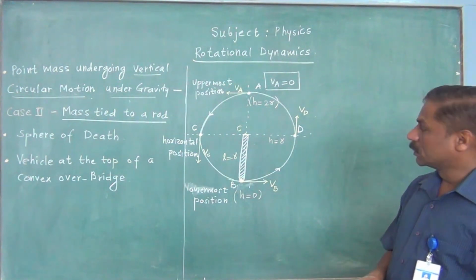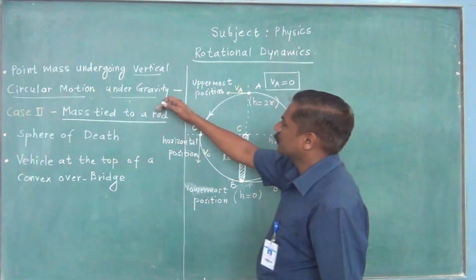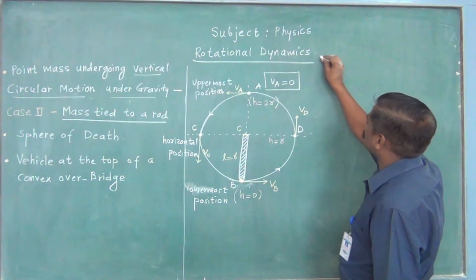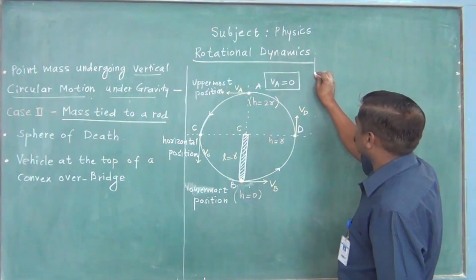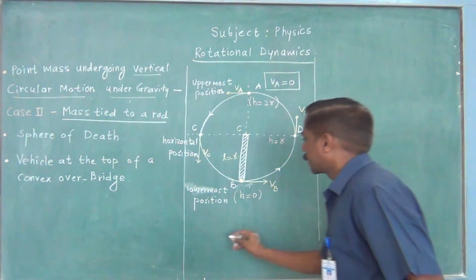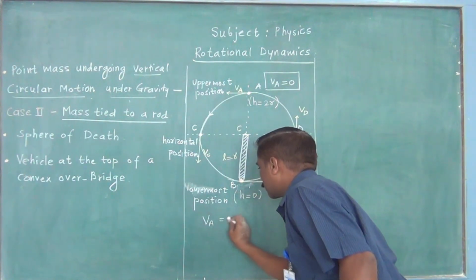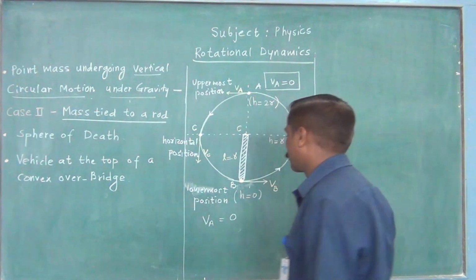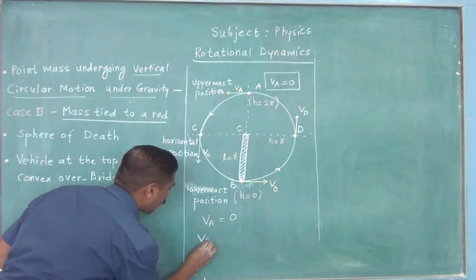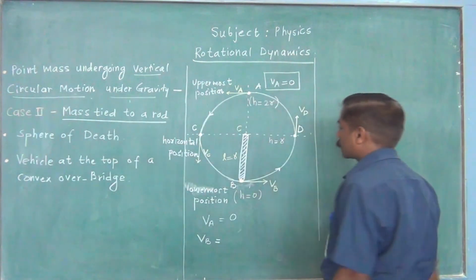So this is the interconversion of energy because of this gravitational force. So we can find out these different velocities at different positions. Already we know that at the highest position the velocity is 0. We are interested to find out the velocity at point B, that is at the lowermost position.